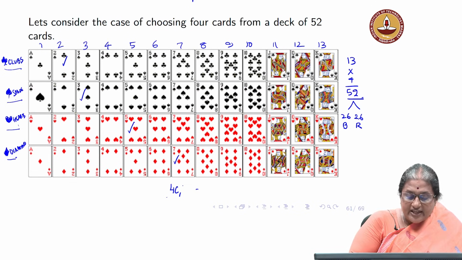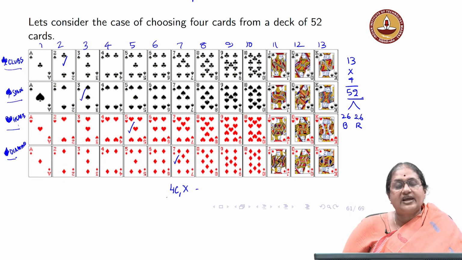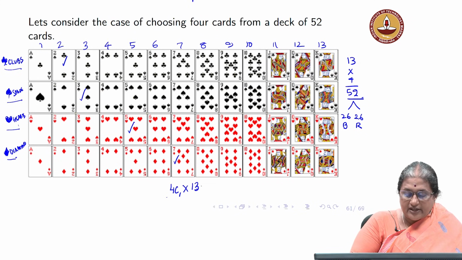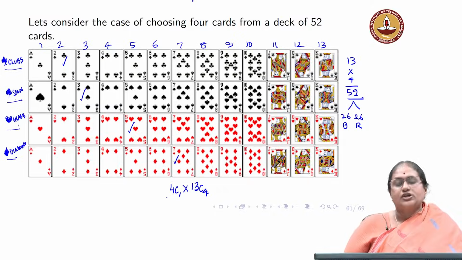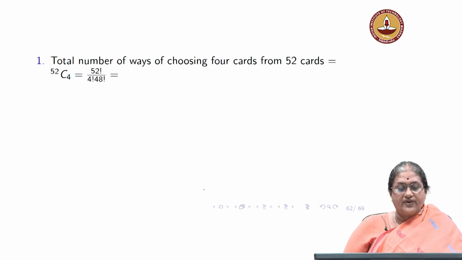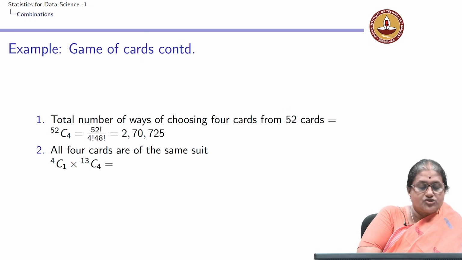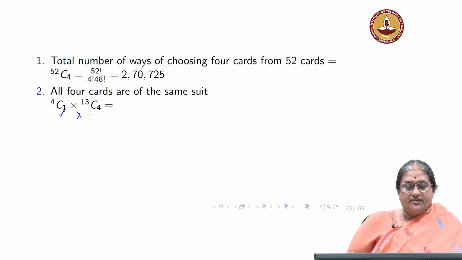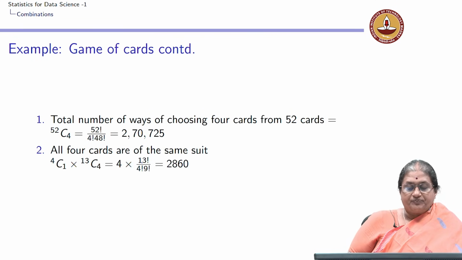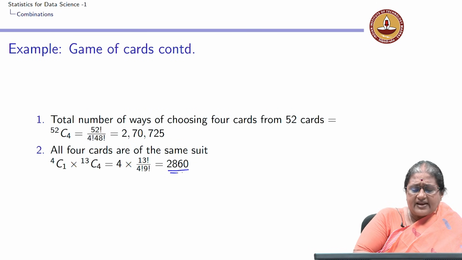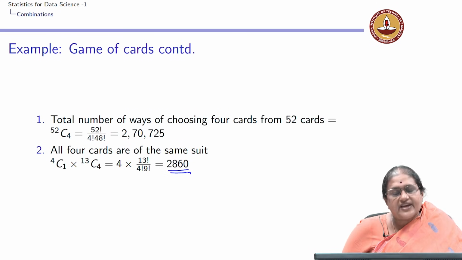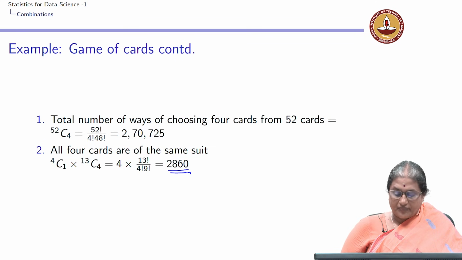Now, within each suit I have 13 cards, and I need to choose 4 from these 13, which can be done in 13 choose 4 ways. So, the total number of ways I can choose all 4 cards from the same suit is 4C1 times 13C4, which is equal to 2860 ways.